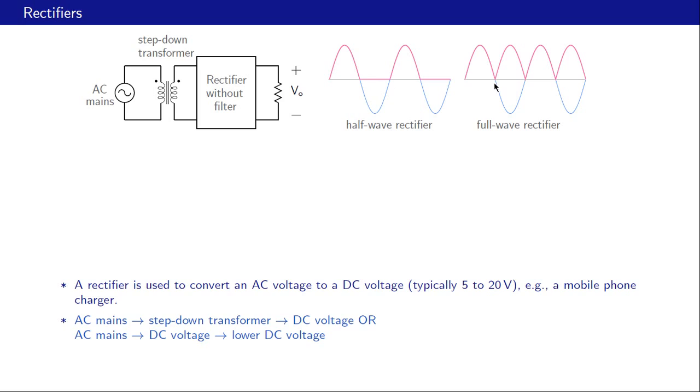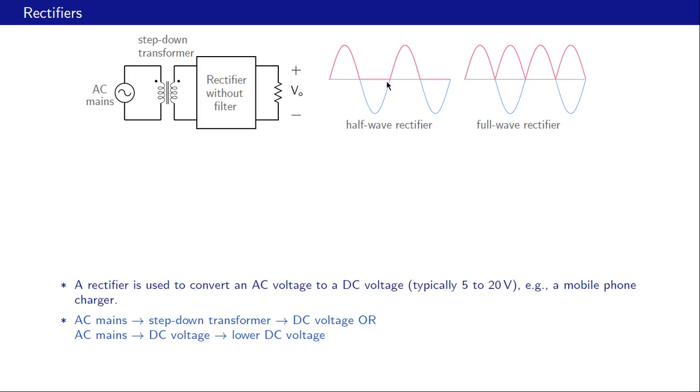But here, when VI is negative, the output voltage is not 0, but it is minus VI. That means it is positive. So here the output voltage is non-zero and positive in both these half cycles, and that is why it is called a full wave rectifier.